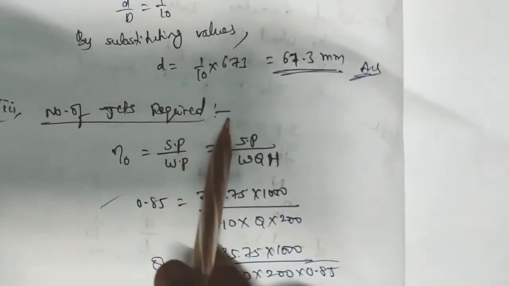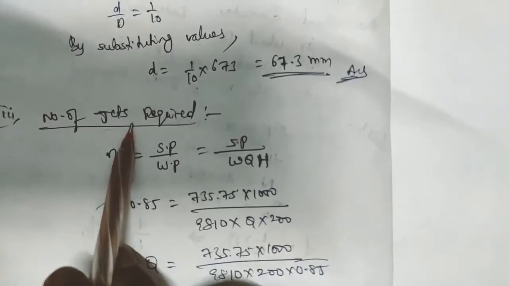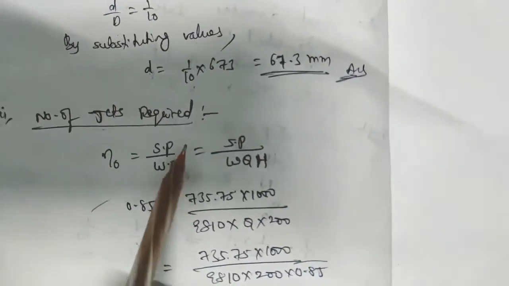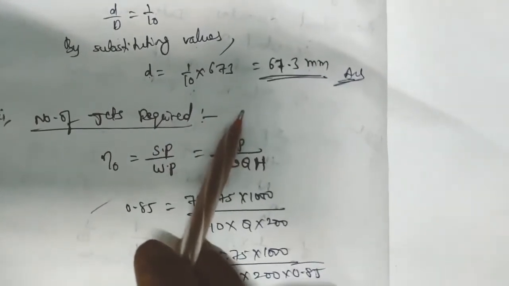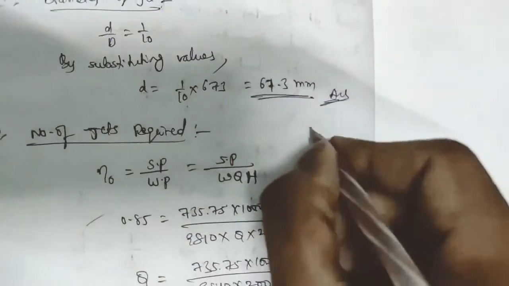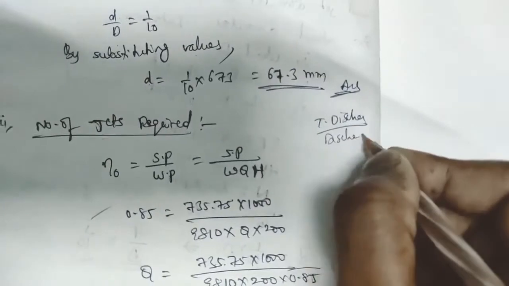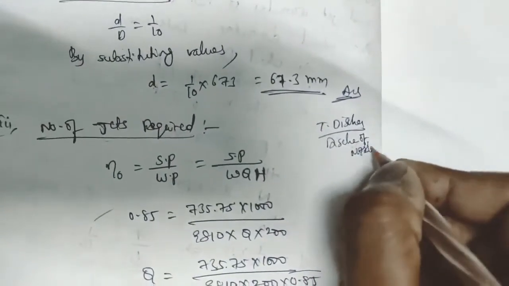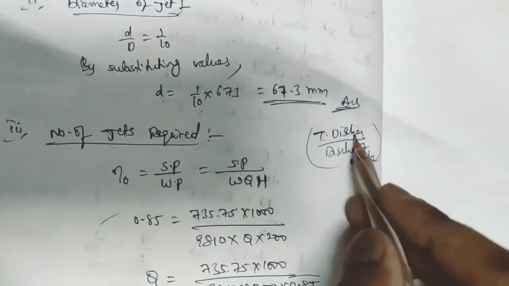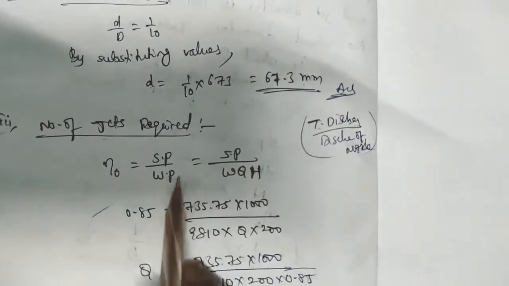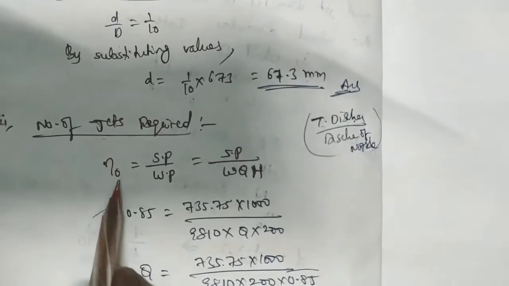As we know already how to calculate the number of jets required, we discussed in the previous subject. Number of jets equal to the ratio of total discharge by discharge through a nozzle. How to calculate total discharge? In the problem we search for the clue: they have given overall efficiency.